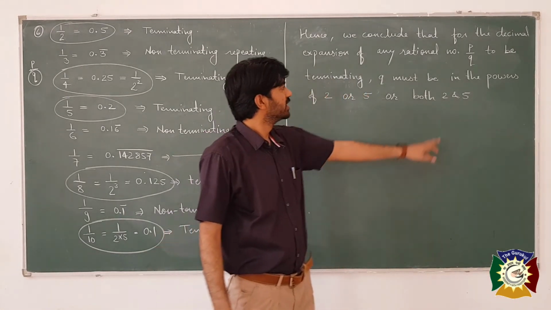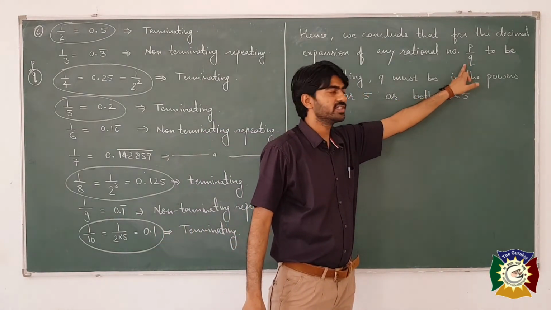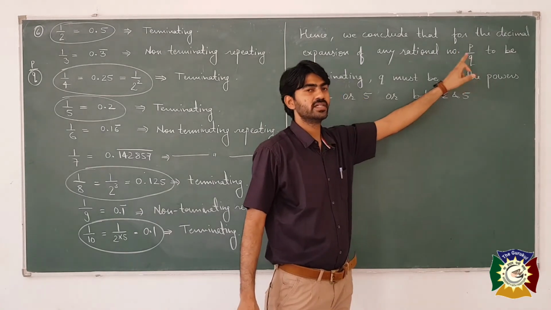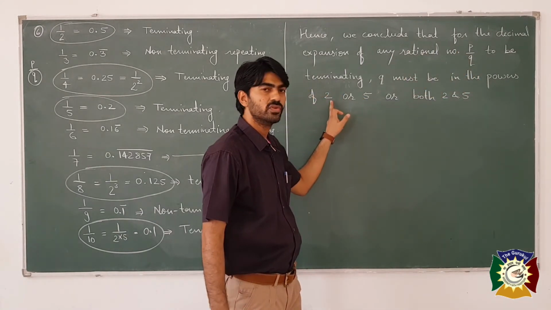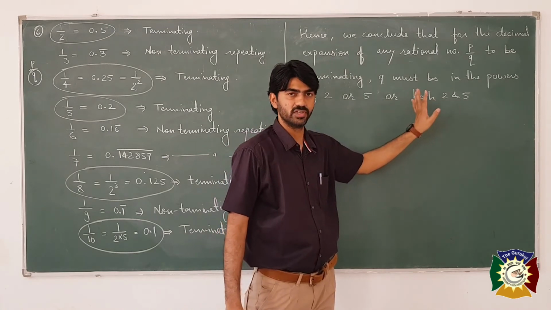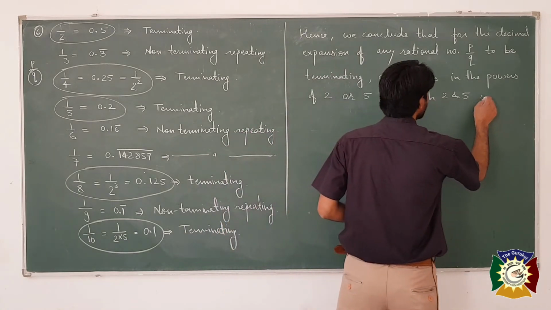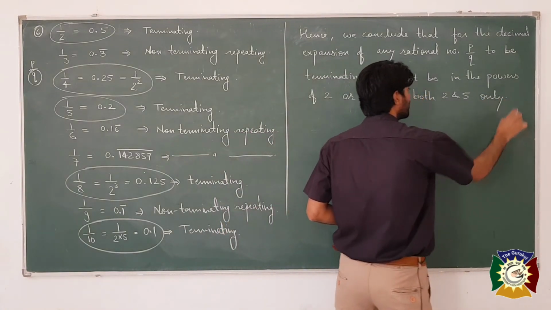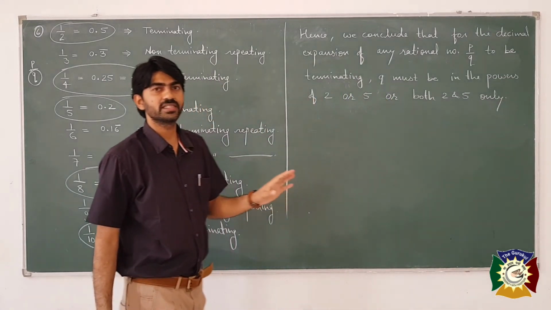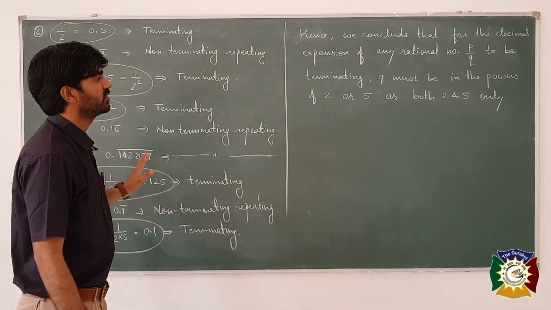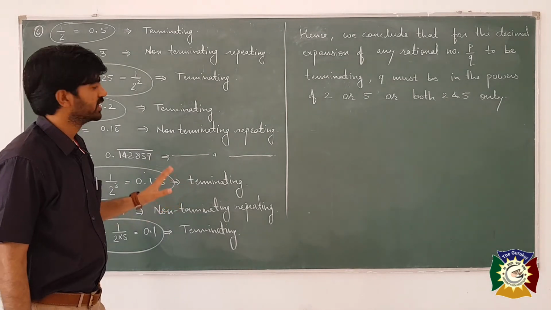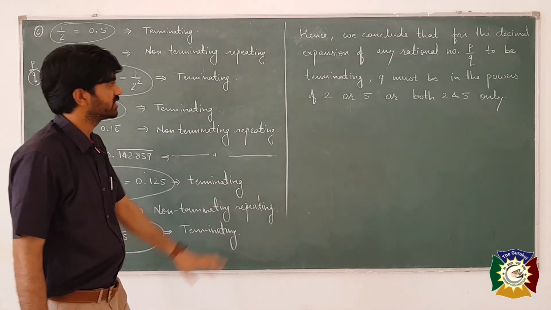It means the prime factorization of this denominator must contain 2 or 5 or both 2 and 5 only. Then we will get the terminating decimal expansion, otherwise we will get non-terminating repeating decimal expansion. This is the property.